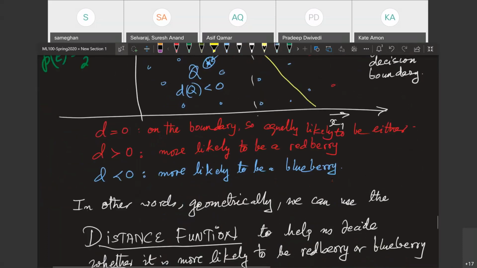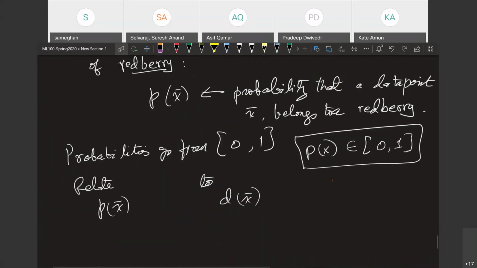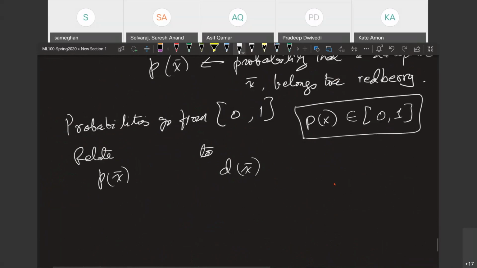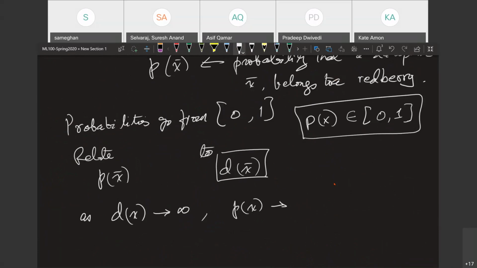So there is an interesting parallel here. We know that we have latched upon the right thing. As d of x tends to infinity, P of x tends to 1. As d of x tends to minus infinity, the negative direction, this tends to 0.